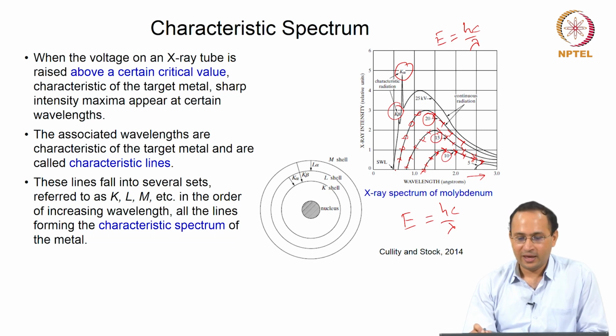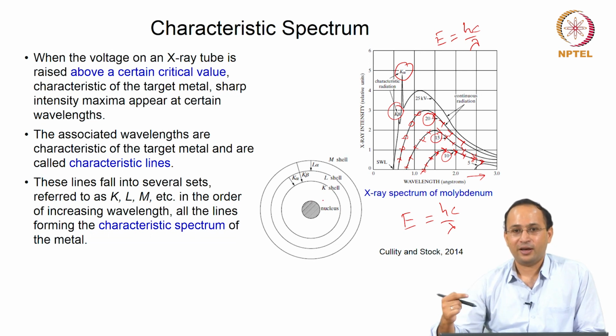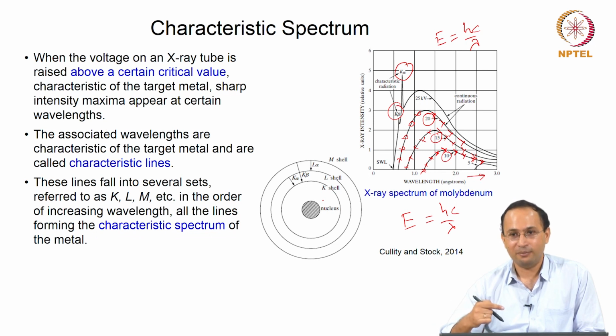It is called characteristic, it is unique. And what gives rise to these is important. The next question is, what gives rise to these maxima, where suddenly the intensity is increasing? Basically, all of you have studied this in elementary chemistry. You have this nucleus surrounded by different shells, K, L, M, N. You have electrons moving at really high speed striking the metal.